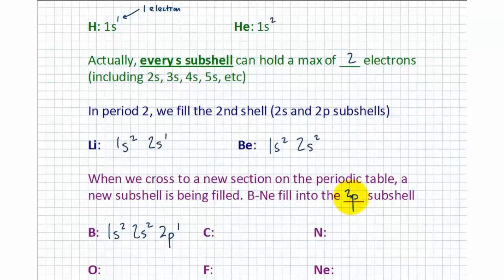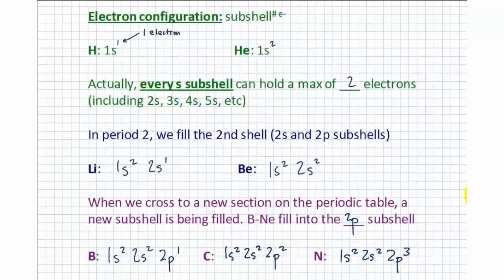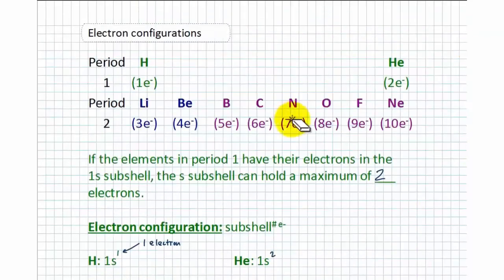So carbon, 1s2, 2s2, 2p2. Then 1s2, 2s2, 2p3. If you follow the periodic table, if we know the first 2 electrons go into 1s, you can just count elements as you go by until you get to the element that you're talking about. So these 2 are in 1s, so there's 1s2.